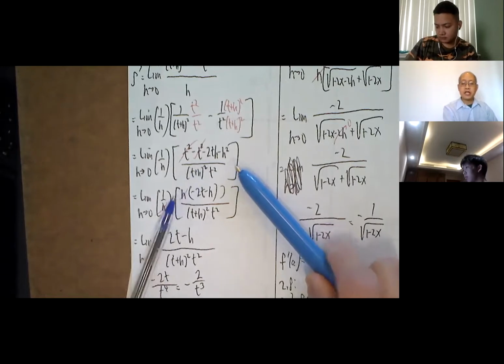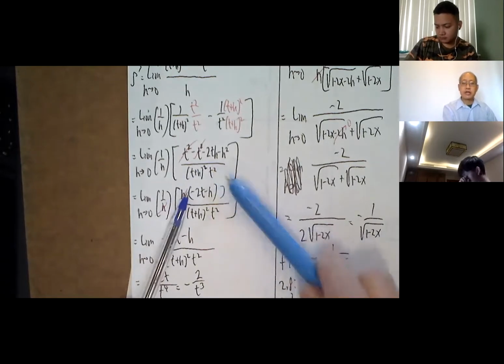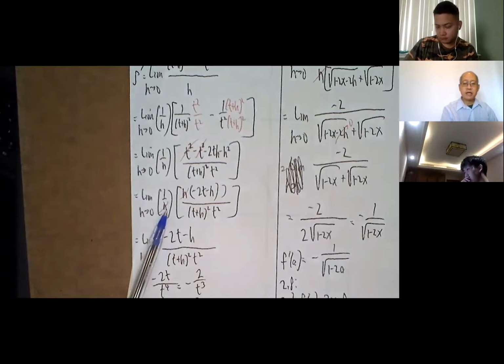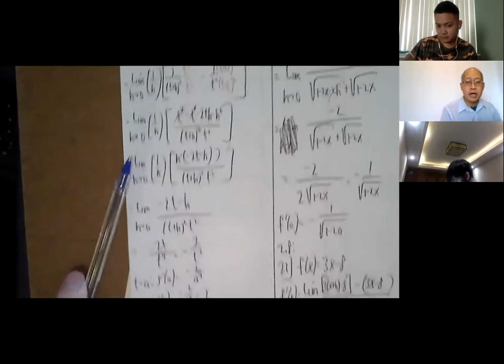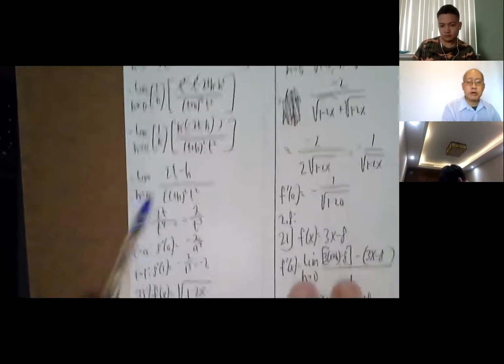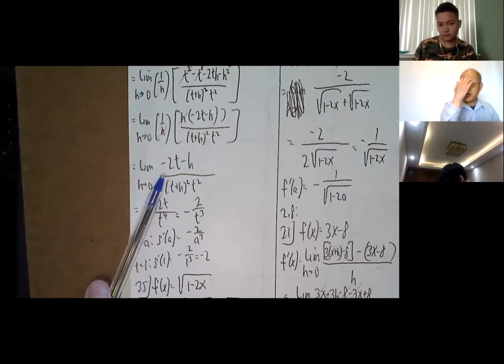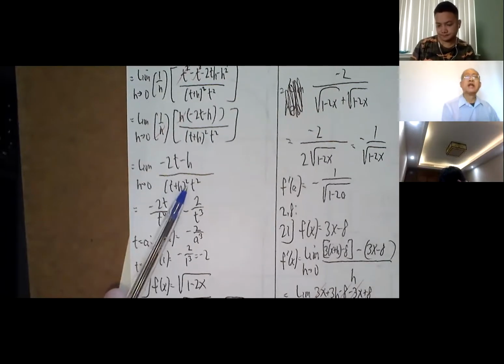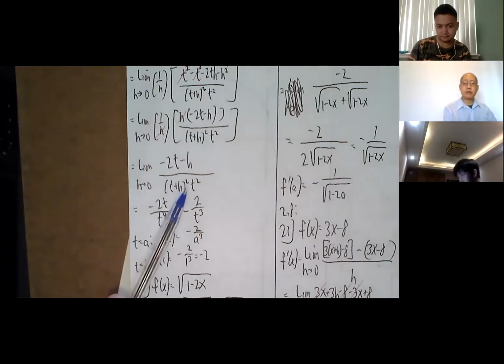So factor out the h, parentheses, negative 2t minus h. Cancel that h with that h. Notice I keep writing lim. So now I have the limit as h approaches 0 of negative 2t minus h all over (t plus h) squared times t squared. Now you can plug in 0 with no trouble, right?